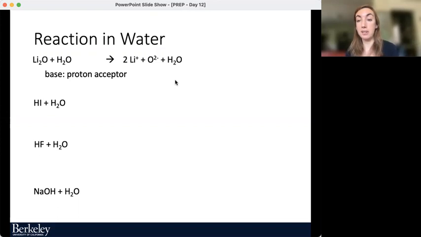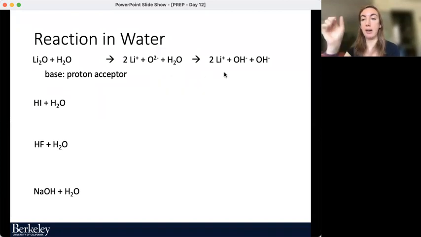So Li2O is a base, so it's a proton acceptor. What's going to happen is that positive proton from the water is going to get taken by the oxygen. So that oxygen gets a proton, so it goes from -2 to now it has a proton, so it's -1. And that H2O has lost a proton, so it becomes OH-.